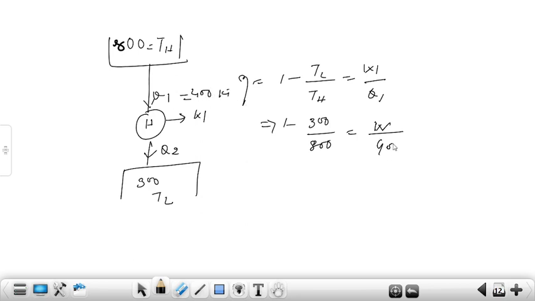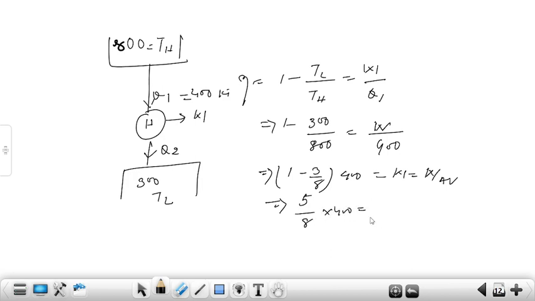So (1 minus 3 by 8) into 400 is equal to W, which is also equal to W available. 1 minus 3 by 8 is equal to 5 by 8, into 400, which is equal to 250 kilojoule, W available.